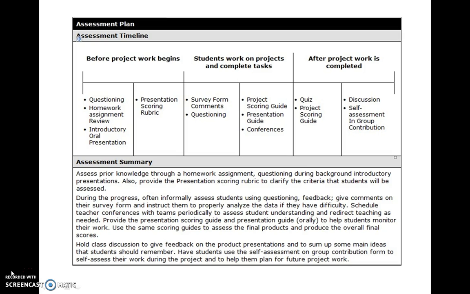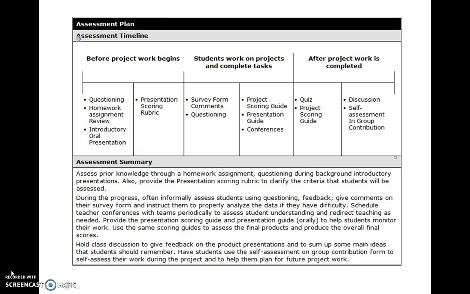Next, we shall move on with the assessment plan. There are 3 main important steps in assessing students' projects. The first step is to check students' background knowledge by presenting a students' needs presentation at the beginning of the unit. And then, during the project, I will regularly check upon students' progress and give them feedback for any adjustments.